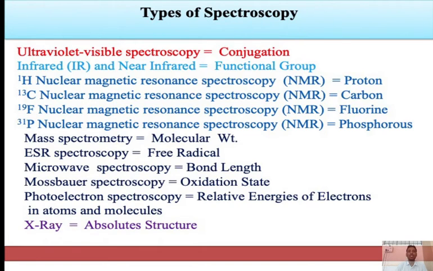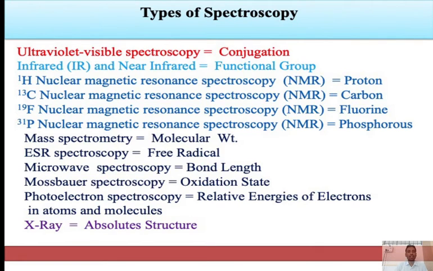F19 nuclear magnetic resonance spectroscopy is for fluorine. Phosphorus 31 NMR spectroscopy finds the phosphorus among molecules. Mass spectroscopy finds the molecular weight of your compounds, for example a compound with molecular weight 90.